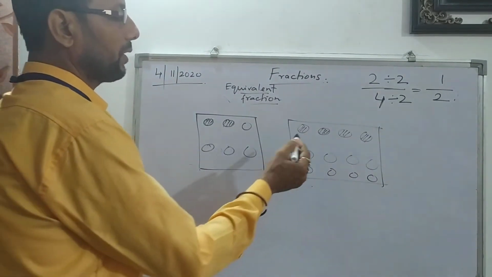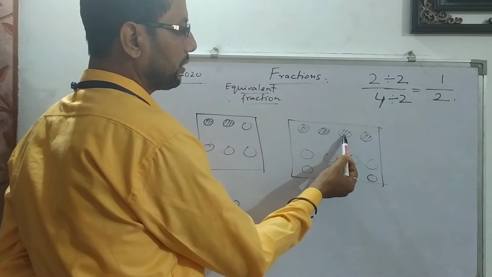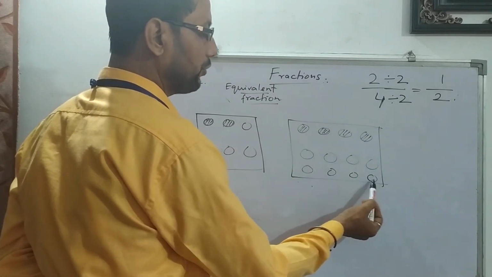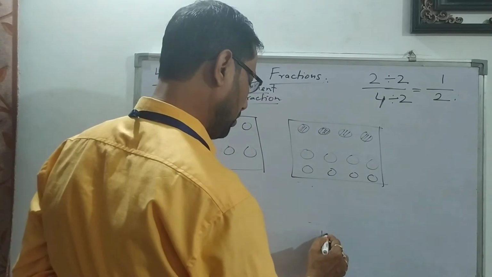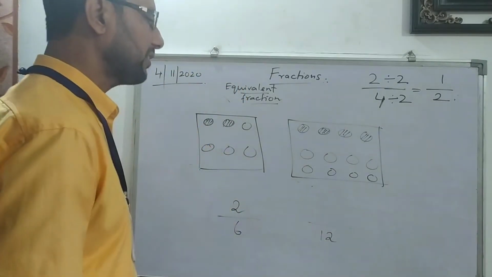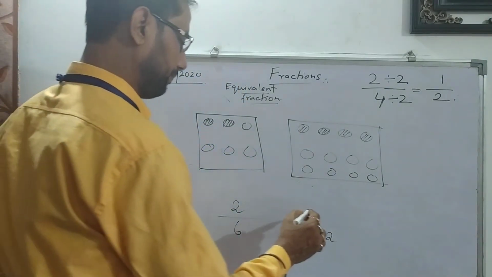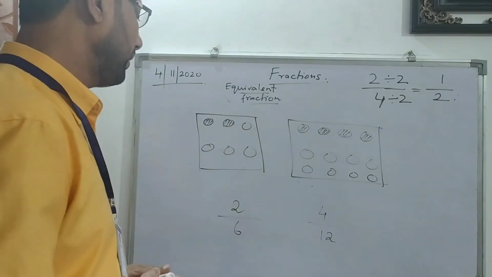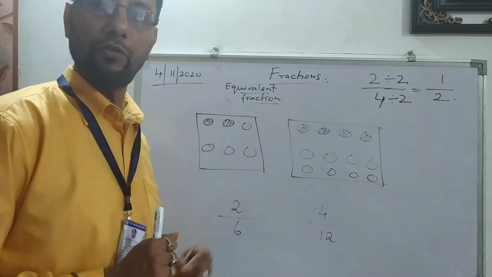Now again, total parts 12. How many parts are shaded? 4 parts are shaded. Now are they equivalent? I said, are they equivalent?